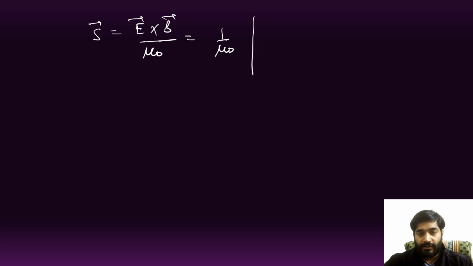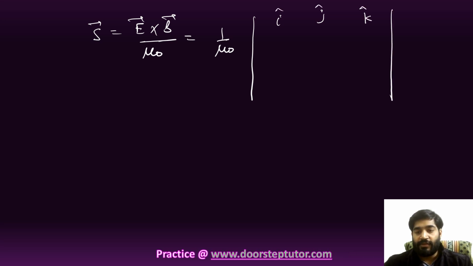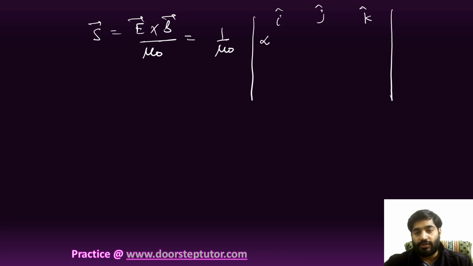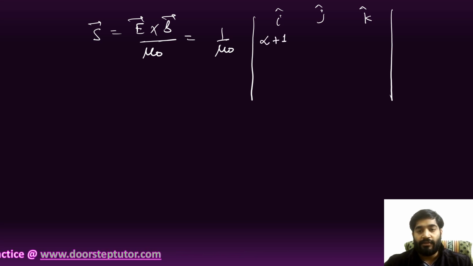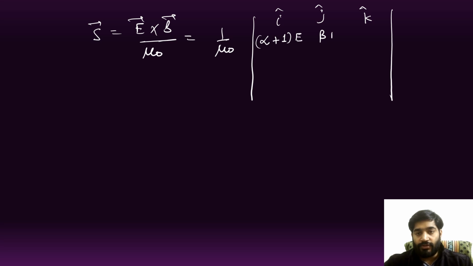Okay. So this is I, J, K cap. Clear? And what's the E vector? E vector was alpha plus 1 for I, and beta E for J, and 0 for K. Clear?